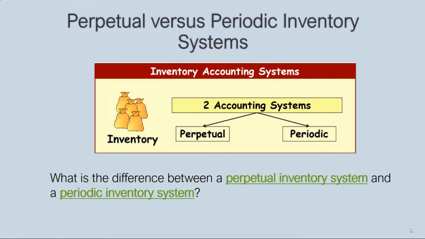So the perpetual inventory system is basically a just-in-time inventory system. That is making sure that at any point in time, if someone comes into your store and asks how much inventory you have on hand, you will be able to give them an answer.